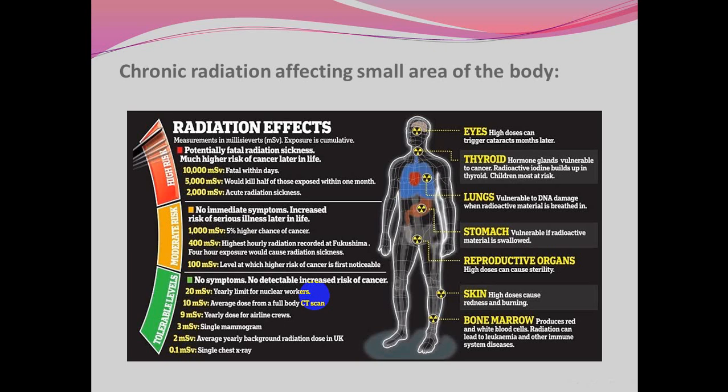While the 10 millisievert represents the average dose per year from a full body scan. Okay, 9 millisievert is the yearly dose for airline crews who work with airlines and airports.